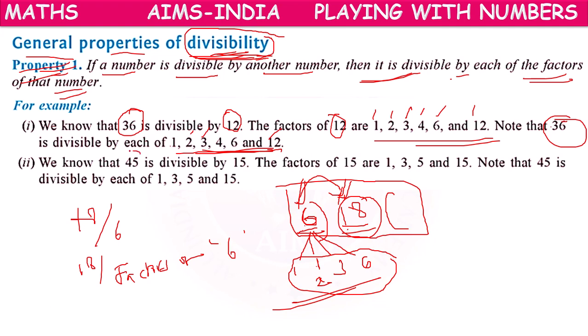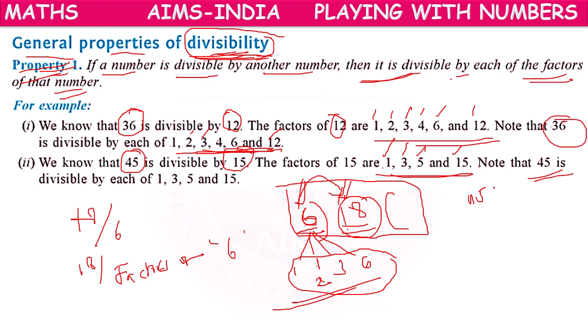Now another example. 45 is divisible by 15. So indirectly, what does it mean? What are the factors of 15? The factors of 15 are 1, 3, 5, 15. So 45 is also divisible by factors of 15.